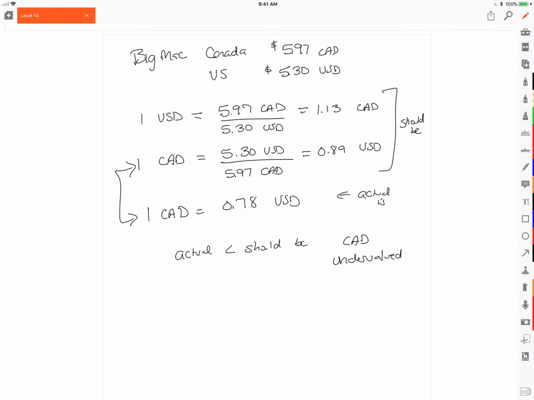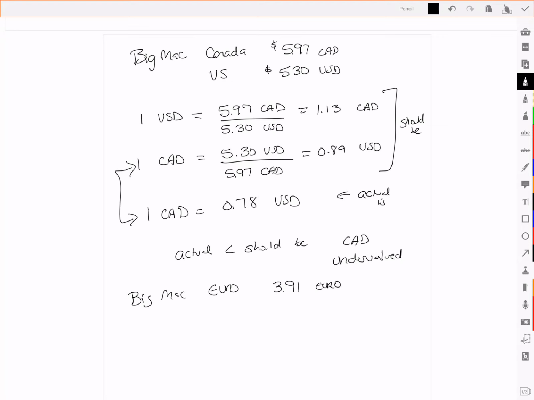is 3.91 euros. Okay, so let's figure out then what 1 Canadian dollar is worth in terms of euros. So in this case, we put euros on the top, 3.91, and we divide by the price of a Big Mac in Canadian dollars, so 5.97.